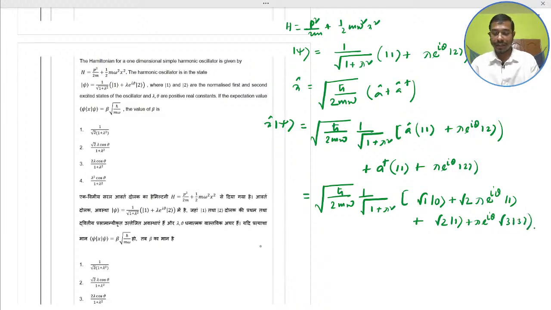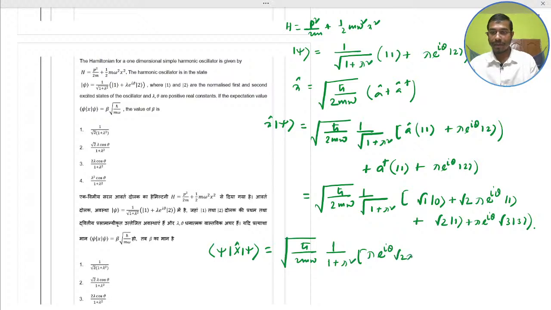So now you take the expectation value, therefore psi x psi would be what? Put all these values. This would be h cross by 2m omega times 1 by 1 plus lambda square, and the cross terms: root 2 lambda e to the power i theta and its conjugate root 2 lambda e to the power minus i theta.